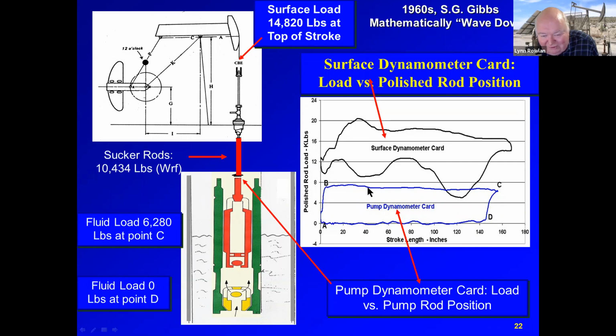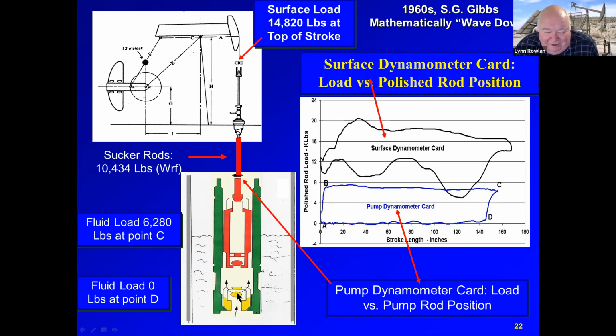And so this figure right here represents the load that the pump, this traveling valve, applies to the rod string. When you look at this, you see some interesting things. First of all, what is this? Here we pick up the fluid load. From B to C, the standing valve opens.